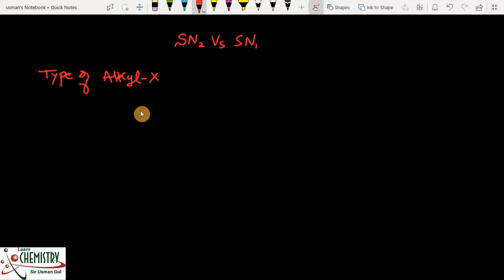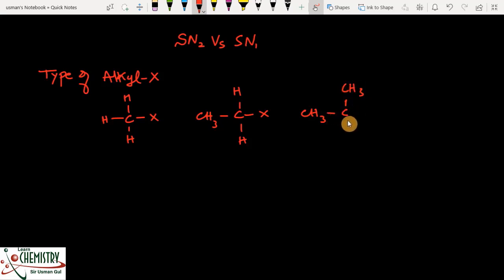Number 1 is methyl halide. The second type is primary alkyl halide. The third type is secondary alkyl halide, and the fourth type is tertiary alkyl halide.